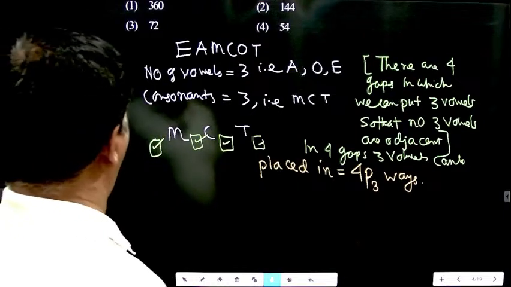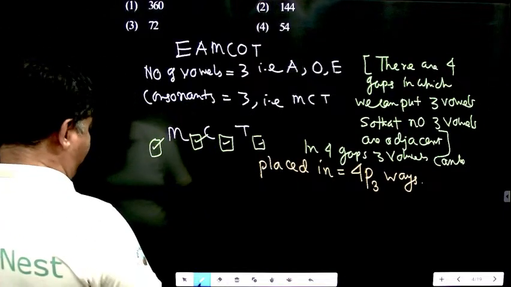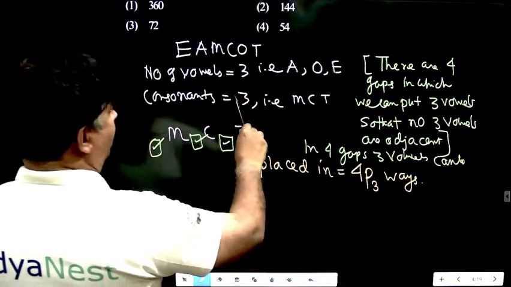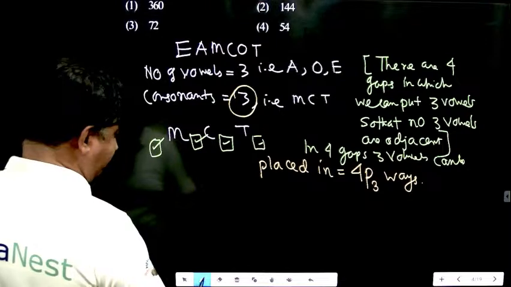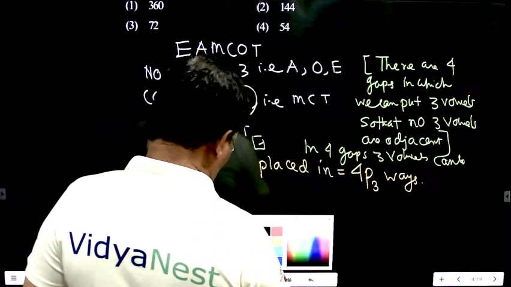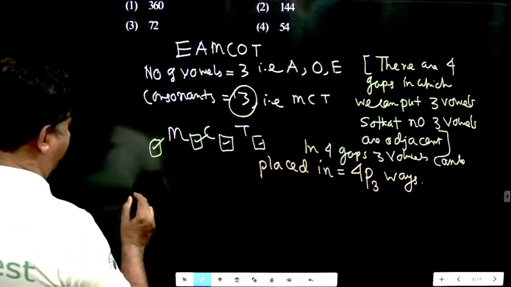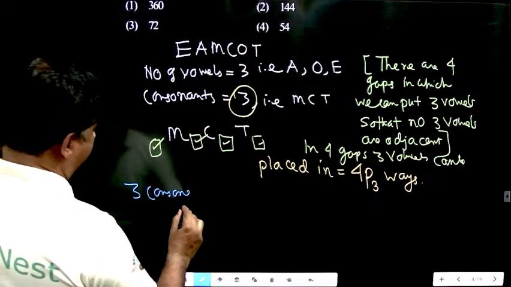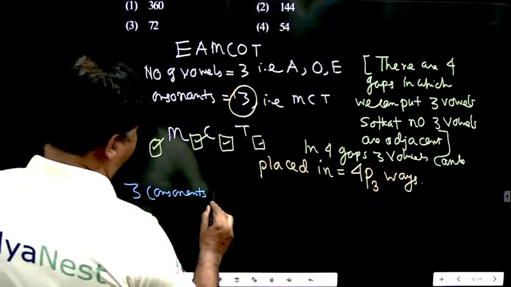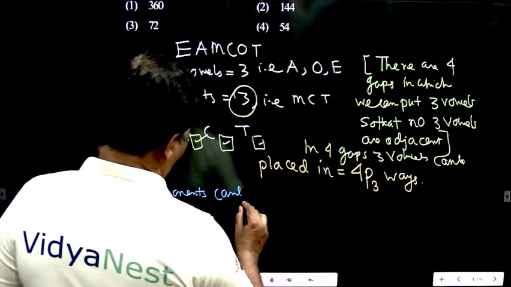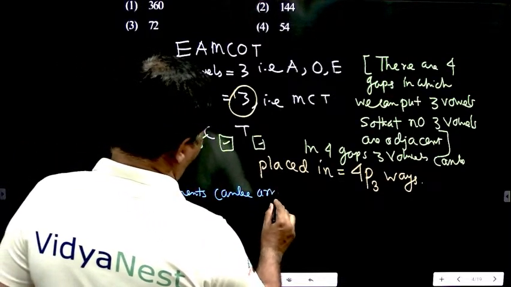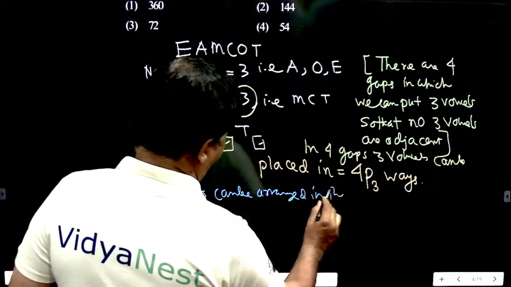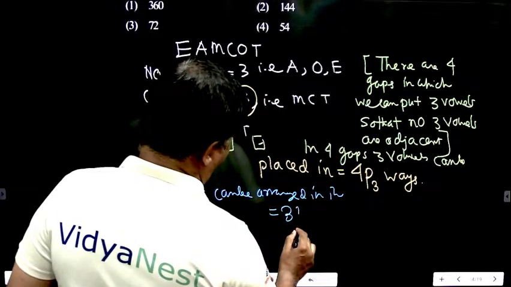Now number of consonants is 3. Now 3 consonants can be arranged in factorial 3 ways.